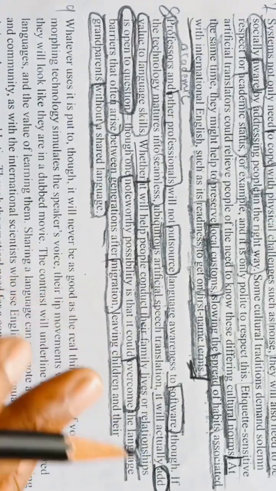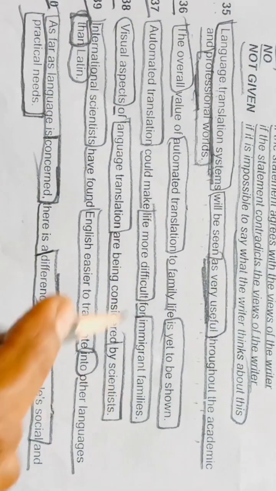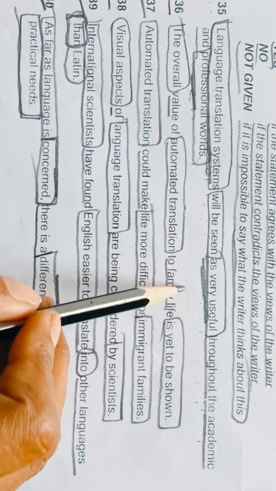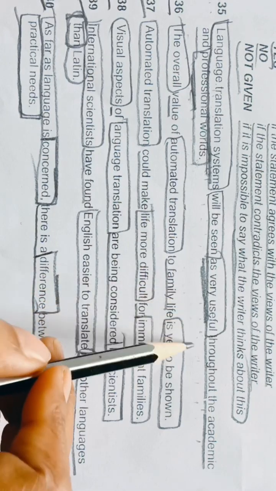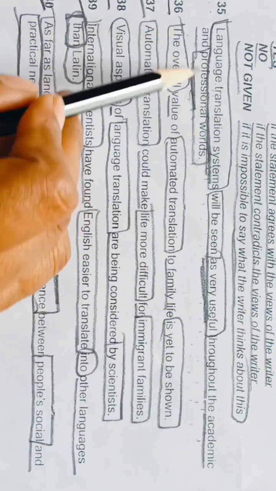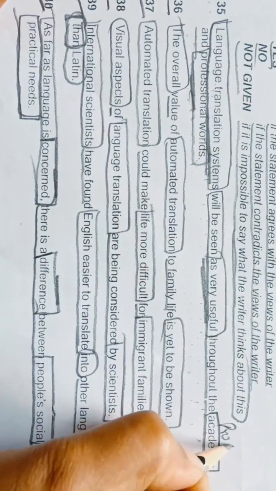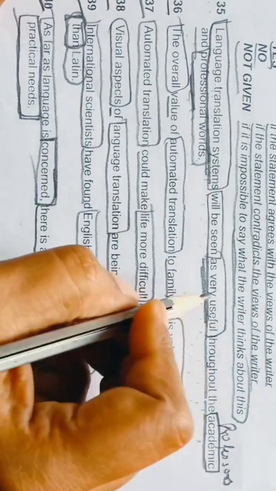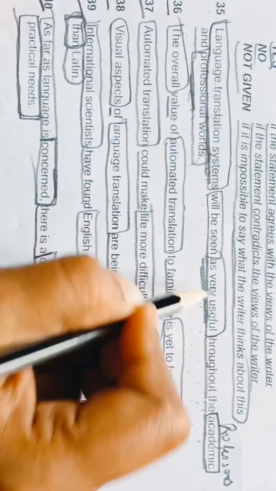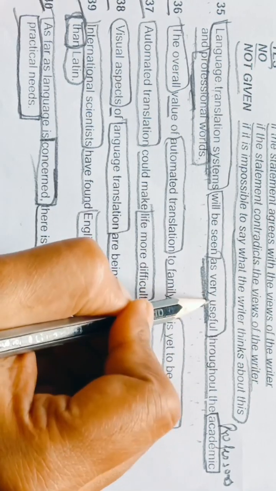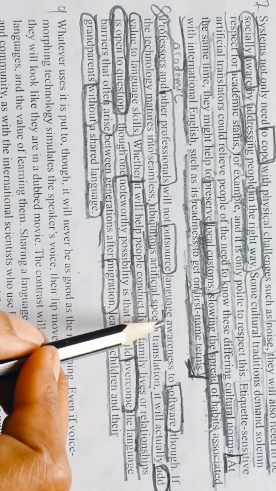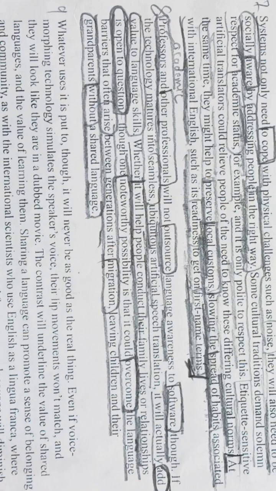Okay, and in the question they are asking, language translation system will be seen as very useful throughout the academic and professional worlds. Academic means they are talking about the professors. So both the statement and the view of the writer are contradicting with each other.